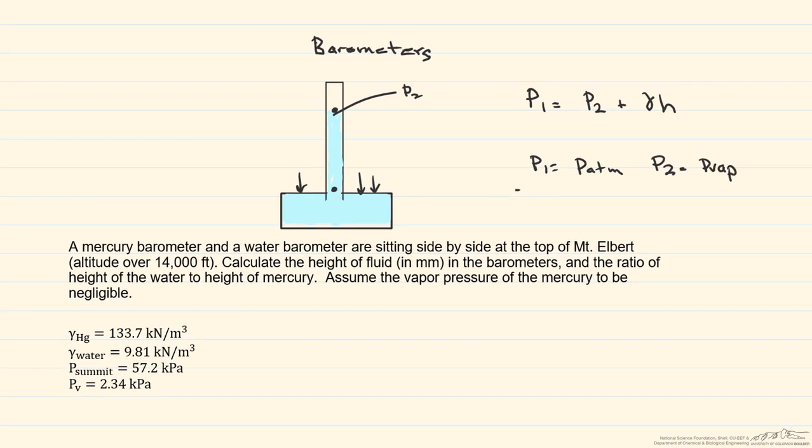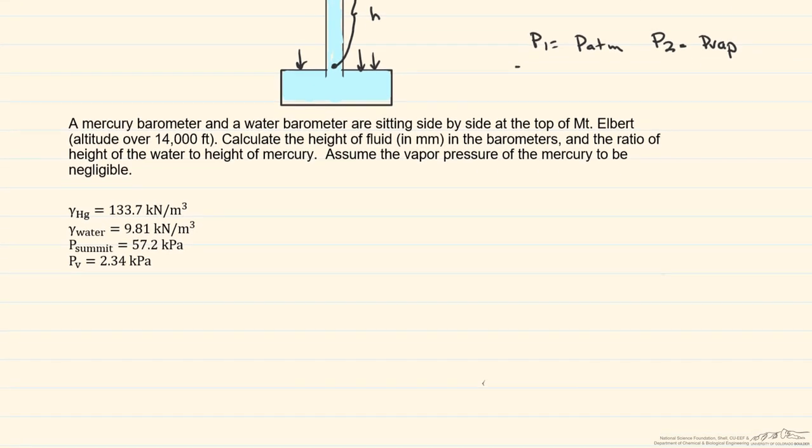The difference between these two points is our H, or our height difference. We're going to look at an example, comparing a mercury barometer and a water barometer, and we're going to compare that H for each one of them.